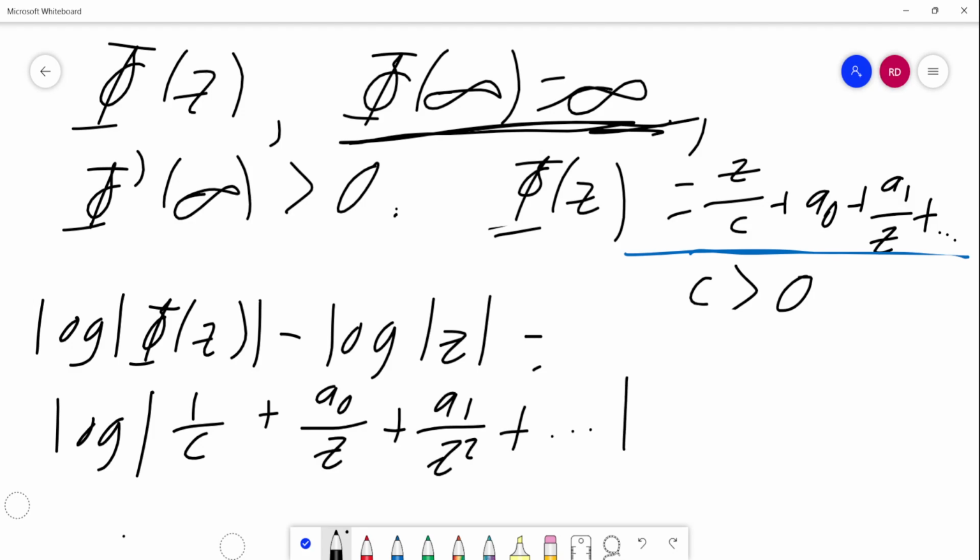And then if we take it to infinity, it will give us log of 1 over c. So this has already fit the first two criteria of the Green's function.